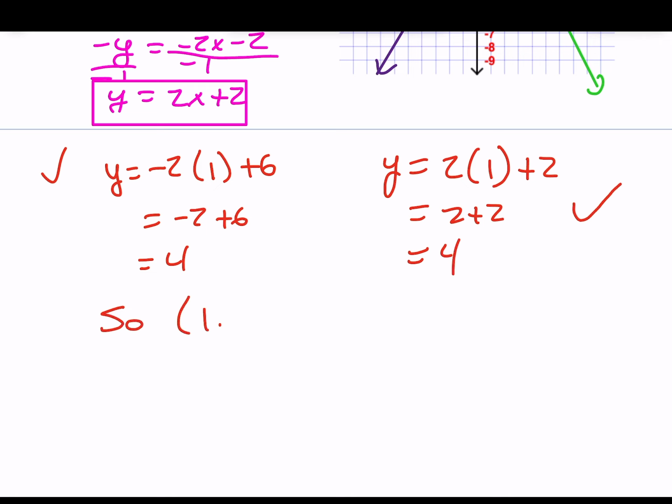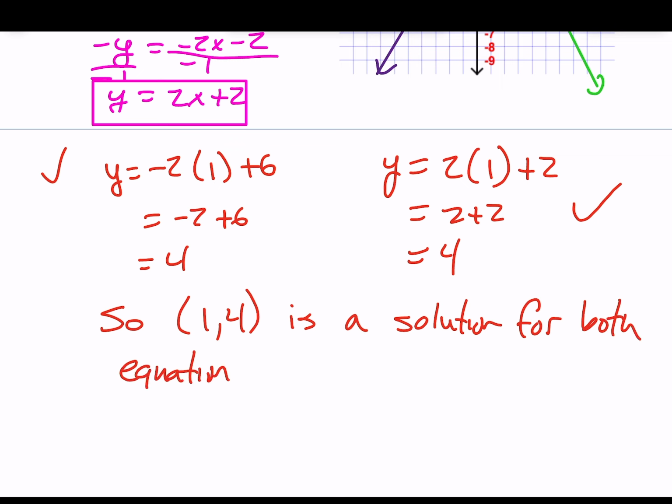So that checks out. So the point 1, 4 is a solution for both equations, and is therefore a solution to the system.